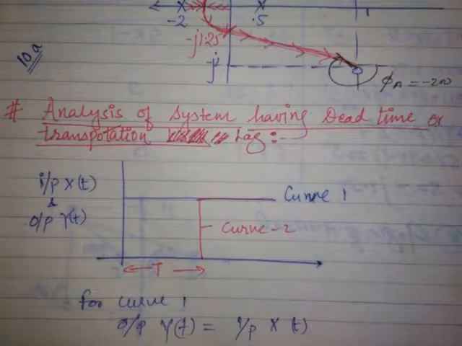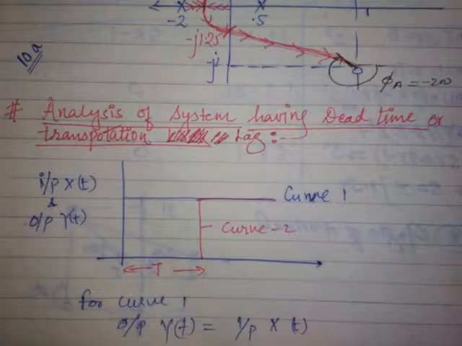Now when this factor is present, how do we do time domain analysis, Routh-Hurwitz criteria or root locus? Time domain methods, how to evaluate when this factor is present? Let us see the time domain approximation of dead time.